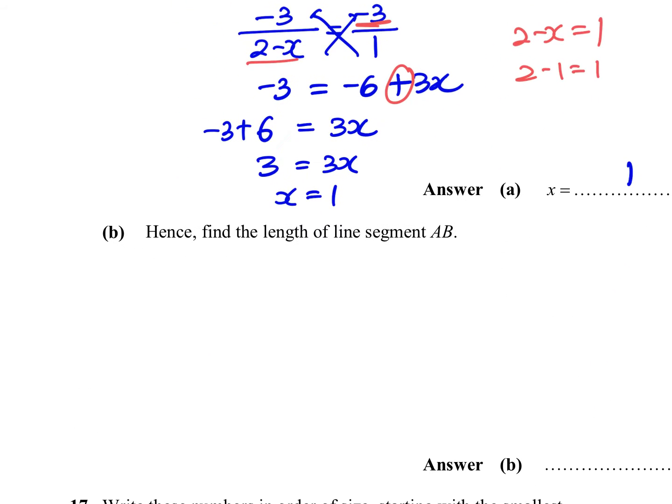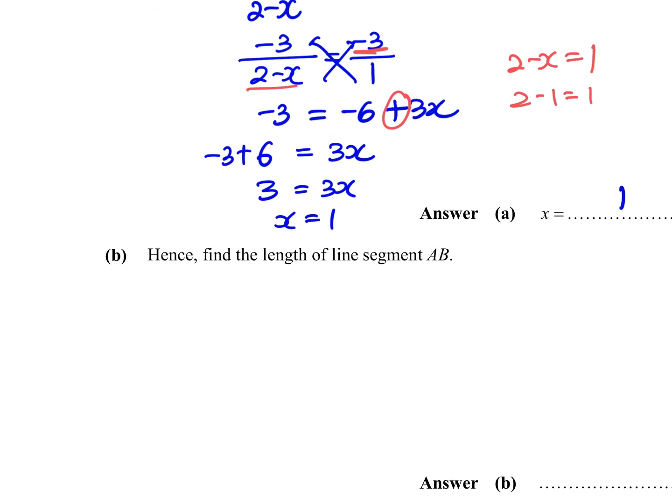Next one. Hence, find the length of the line segment. So I have the 2 points. A is 2, 3. B, the x value we found is 1, then 6. So x1, y1, x2, y2. What's the formula for the length?